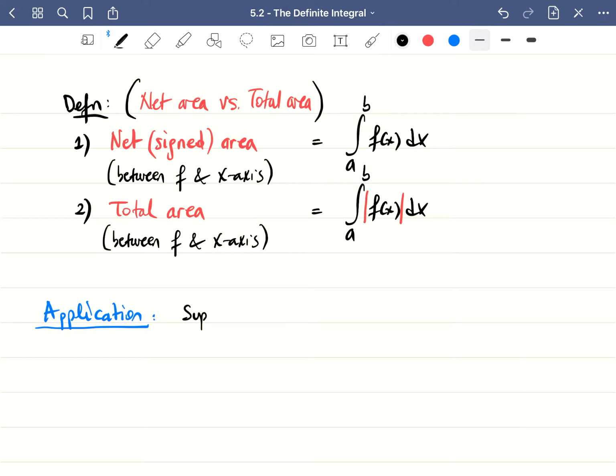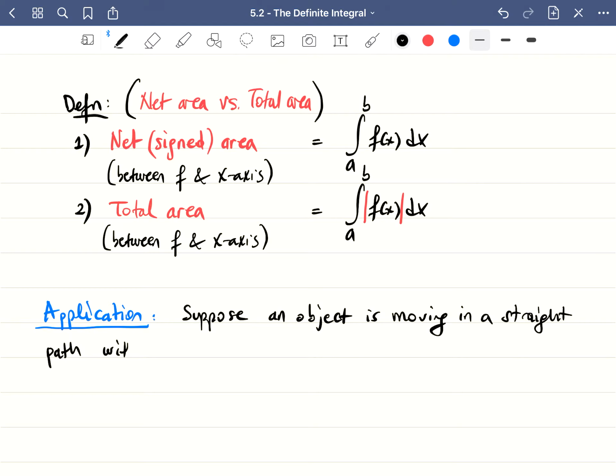So let's suppose that an object is moving in a straight path with velocity v of t equal to t minus 2 for the time interval, let's say from 0 to 6.